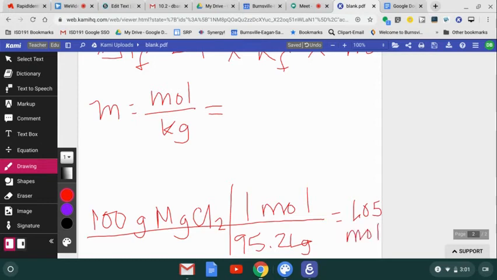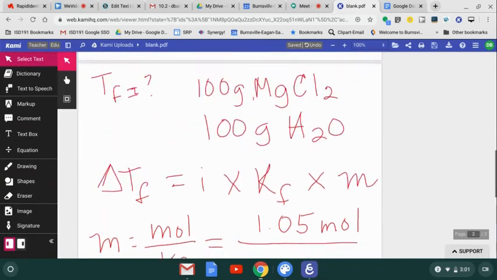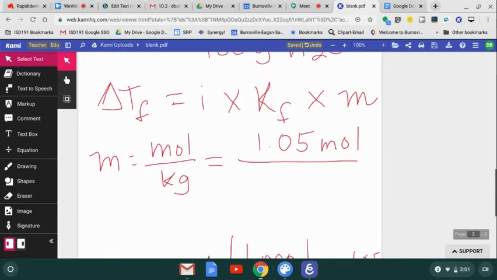Okay, so that can go into our molality equation up here: 1.05 moles per kilogram of solvent. So if we go back up here, we said we had 100 grams of water.